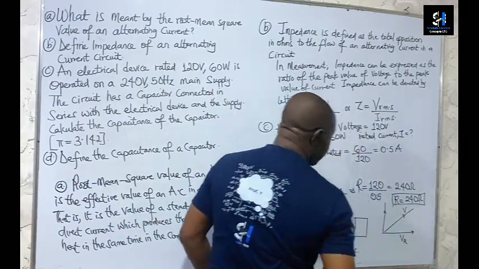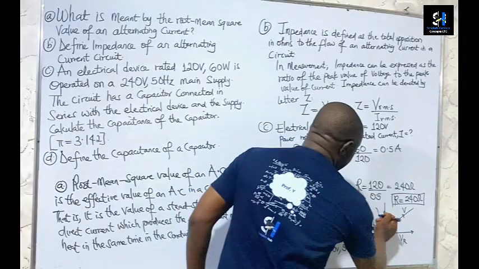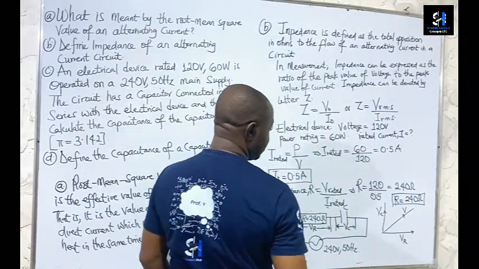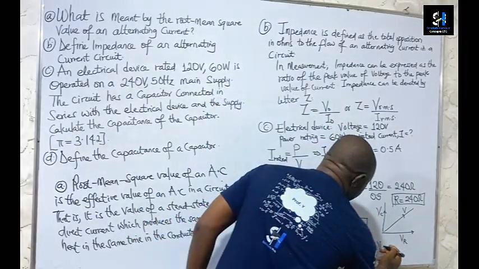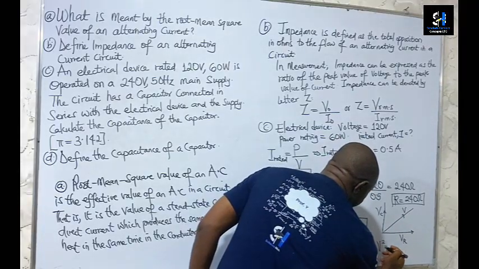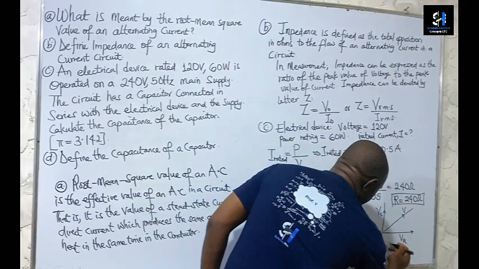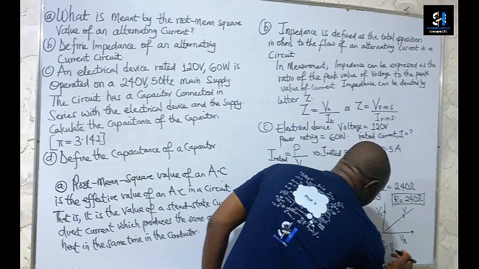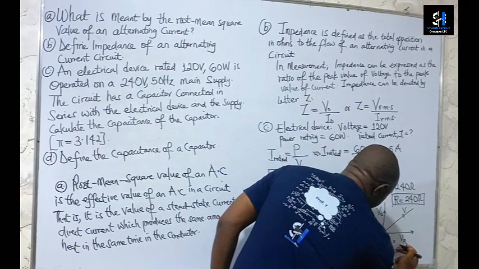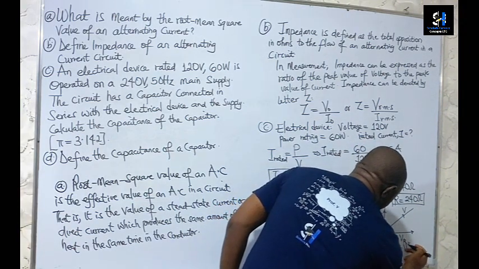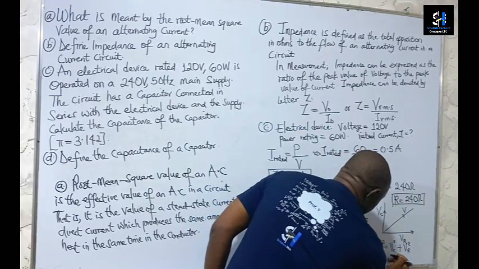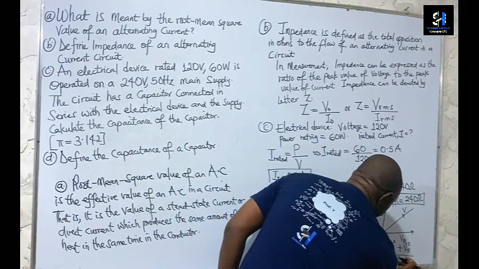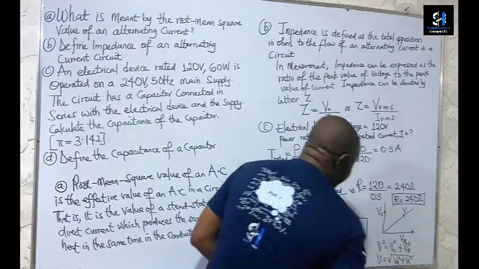Using Pythagoras theorem, the effective voltage squared equals VC squared plus VR squared, so V equals the square root of VR squared plus VC squared.